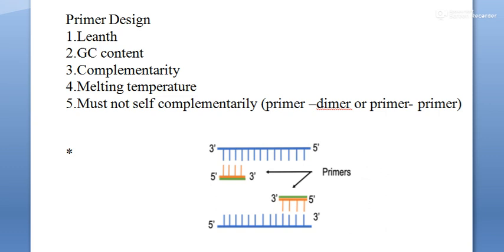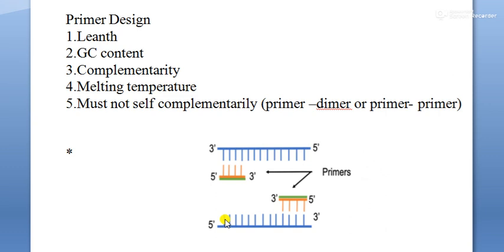Next, GC contents. That means G and C are the nucleotides. GC contents depend on the strength of the primer. When we have a large number of G and C in the primers, this sequence indicates we need a high temperature for this procedure.